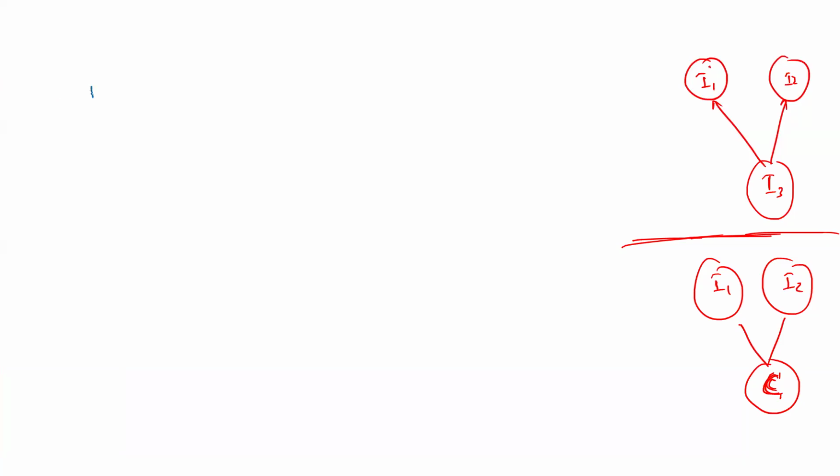So first, if you take one interface, say I1, which has one method, public void M1, which is abstract. Then there is one more interface, say interface I2, and inside this a different method, public void M2.